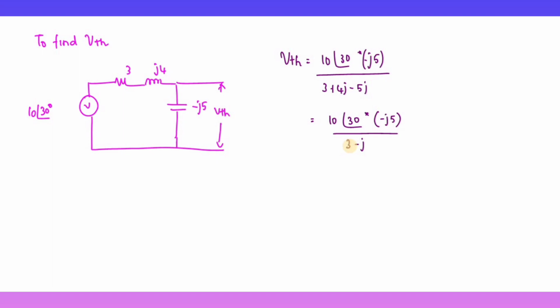So how to write minus j5? Minus j5, I can write it as 5 angle minus 90, right?